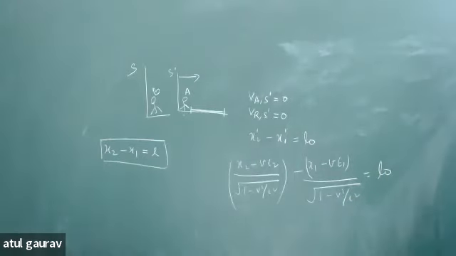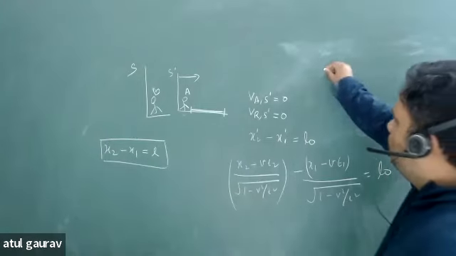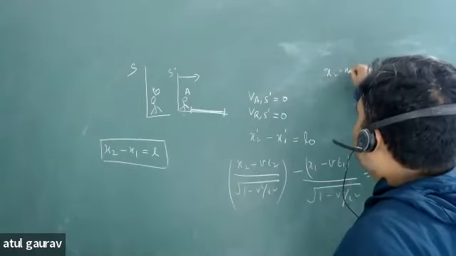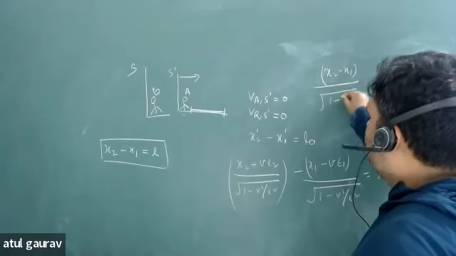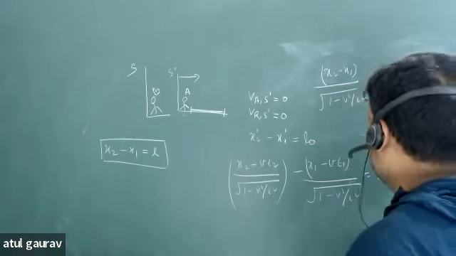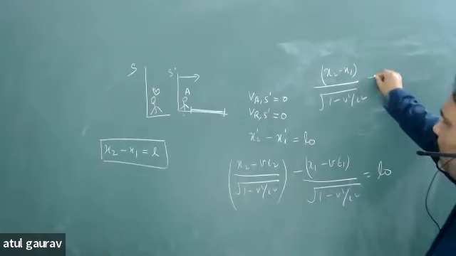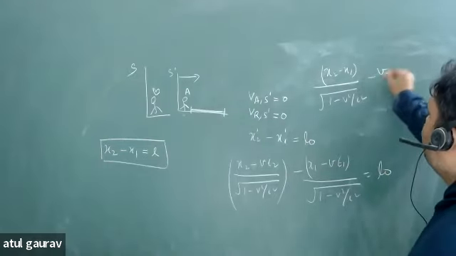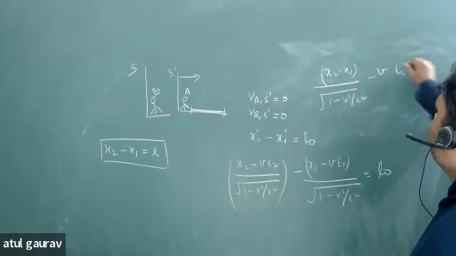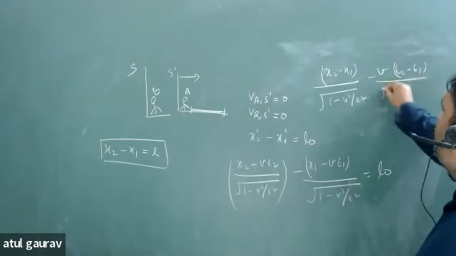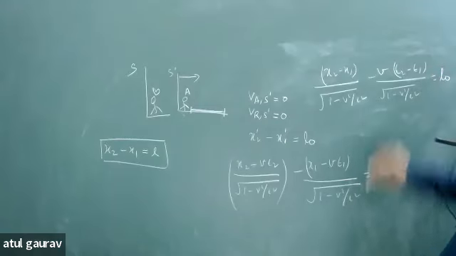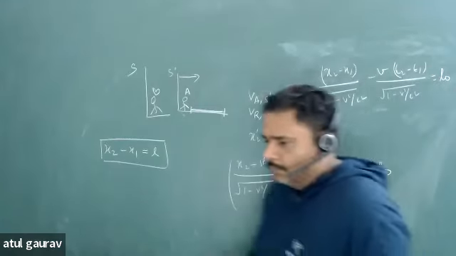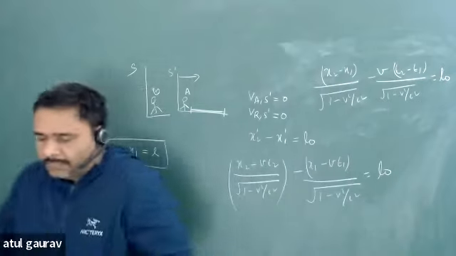Everyone is comfortable? So x2 minus x1 upon root under 1 minus v square upon c square, minus v times t2 minus t1 over root under 1 minus v square upon c square, must be equal to L naught. Everyone is comfortable?